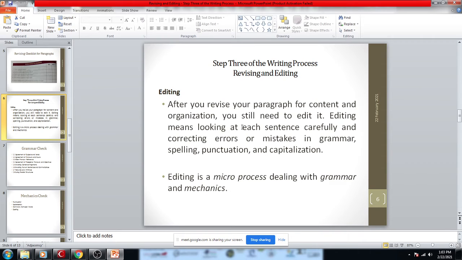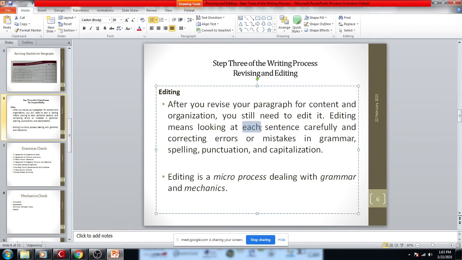Editing means looking at each sentence carefully, sentence by sentence, and correcting errors or mistakes in grammar, spelling, punctuation, and capitalization. In grammar and mechanics. So editing is a micro, small, detailed process dealing with grammar and mechanics.